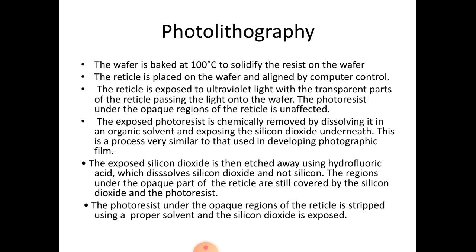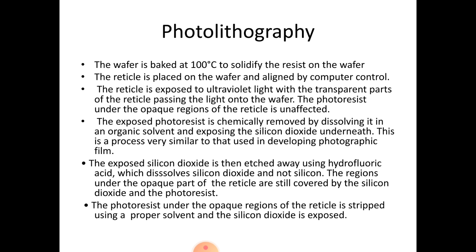The reticle is exposed to ultraviolet light, with the transparent parts of the reticle passing the light onto the wafer. The photoresist under the opaque region of the reticle is unaffected.